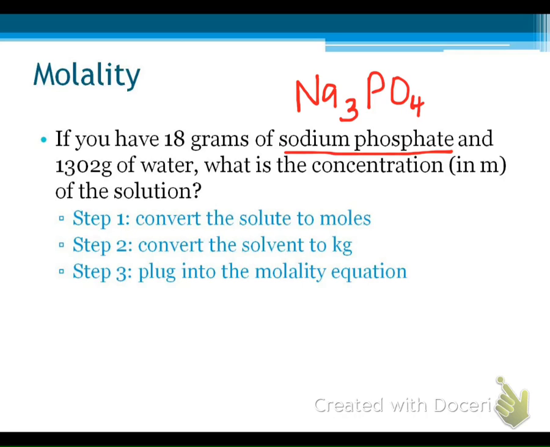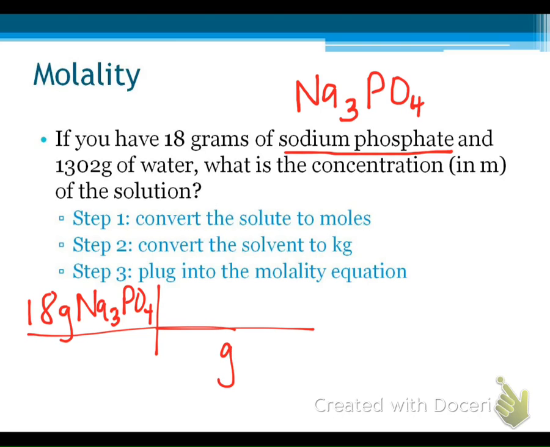First thing that we need to do is convert our solute from grams to moles. So we'll start with the T-chart down here. 18 grams of Na3PO4. And the molar mass of sodium phosphate should go here, which is what?